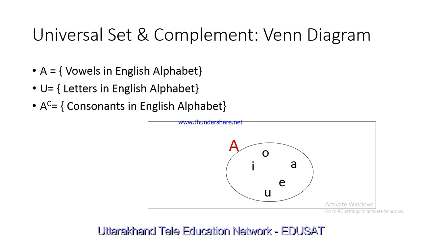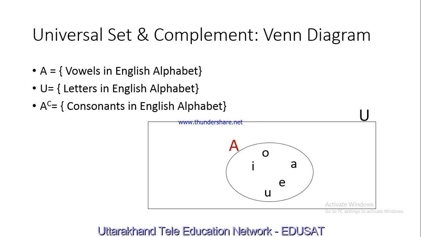Here we are talking about the English alphabet, so all the elements in the English alphabet, including the vowels which are the elements in set A, would be part of the universal set, and that is why the box that shows the universal set U is encircling the circle which is denoting the set A.